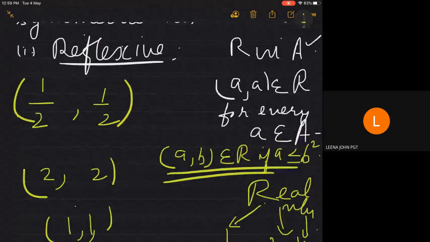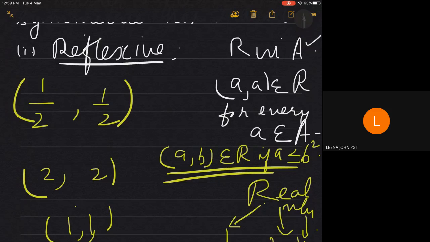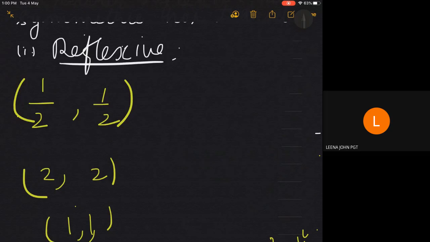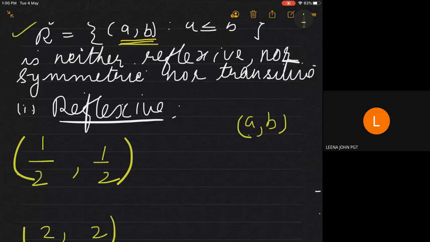Okay, now first let us check whether (1/2, 1/2) is there or not. How do we check that? You have to check by the condition given in the question. In the question it is given that (a, b) is in the relation if a is less than or equal to b square.